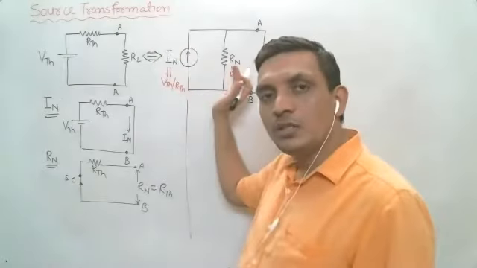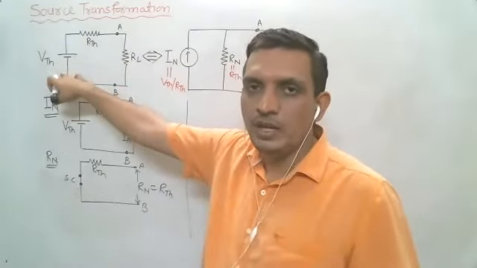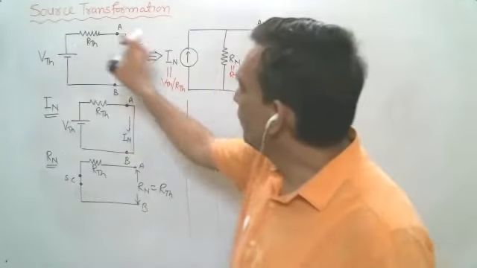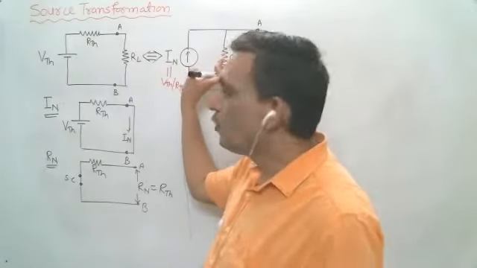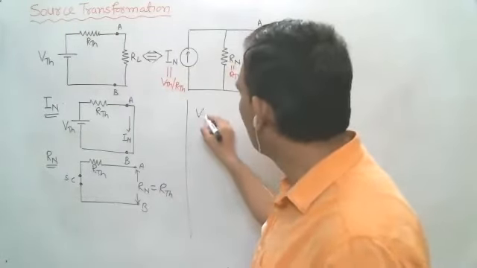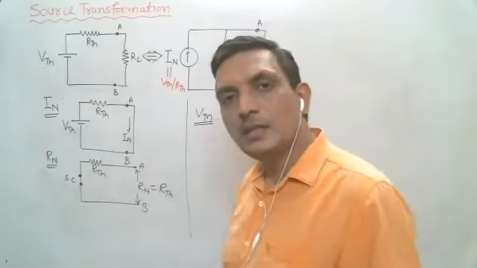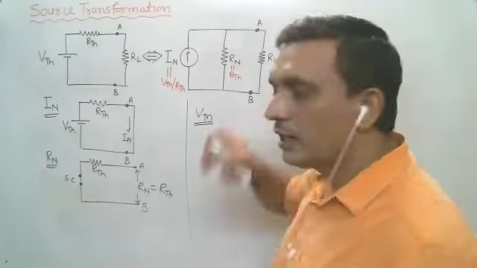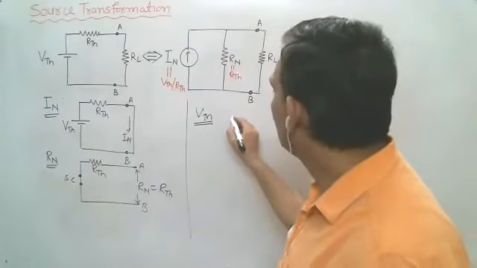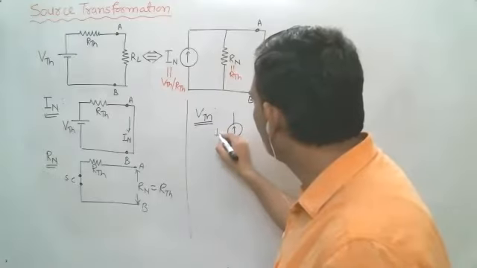When a current source is given, you can convert it into a voltage source, VTH. So let us see, transform a current source into a voltage source. So from this circuit, you have to see what will be VTH. So VTH is open circuit voltage. So draw equivalent. This is IN.